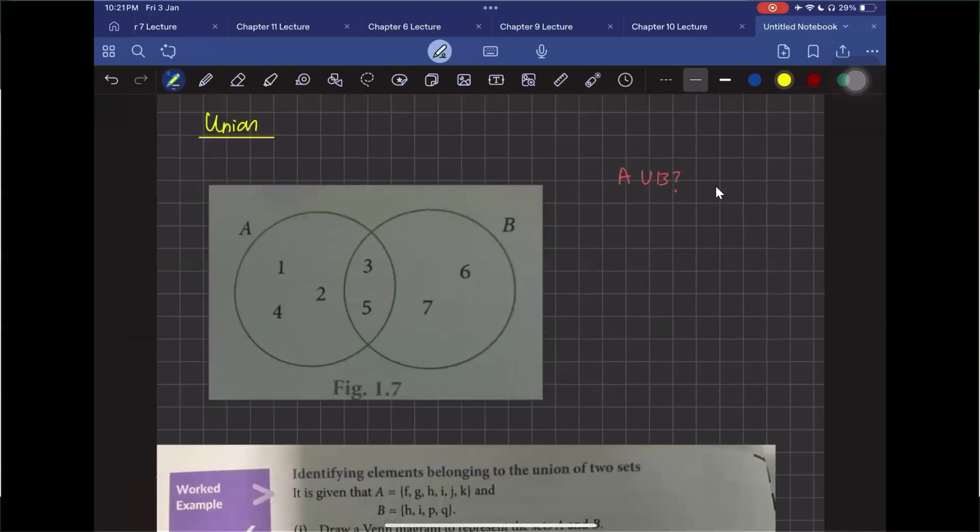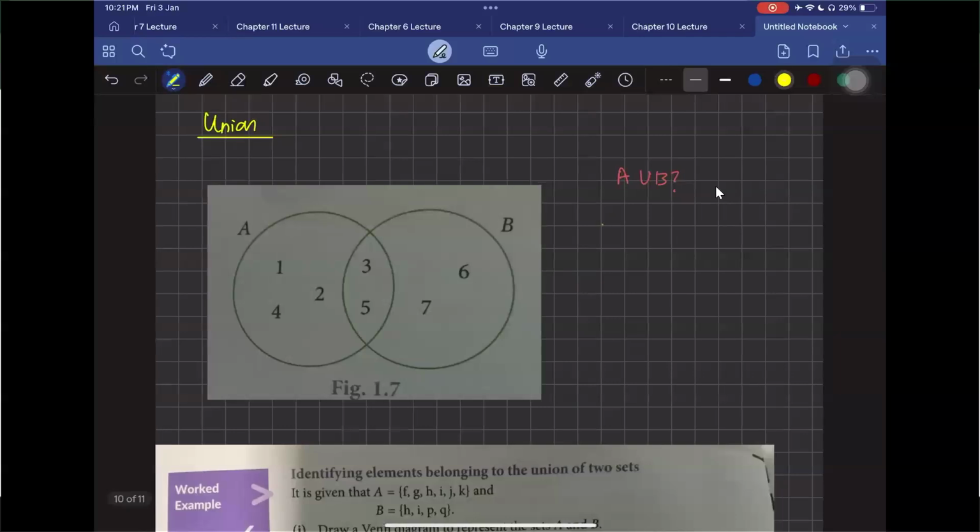Now, union. What is that concept? Union basically means all the elements within the sets mentioned. If I ask you what is A union B, it is basically all the elements within your A and B. Let me write some extra stuff: A is 1, 2, 3, 4, 5 and B is 3, 5, 6, 7.